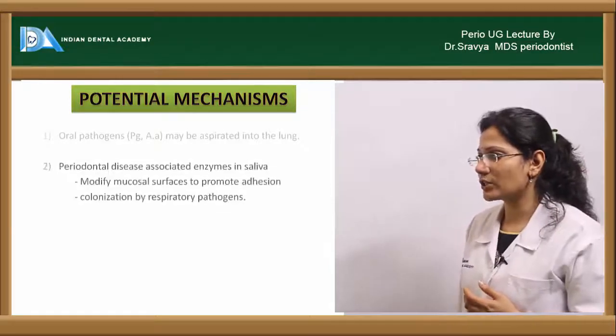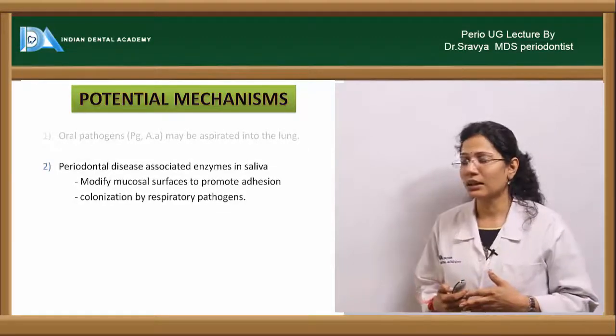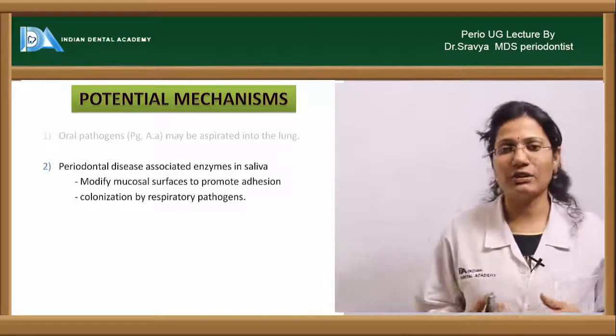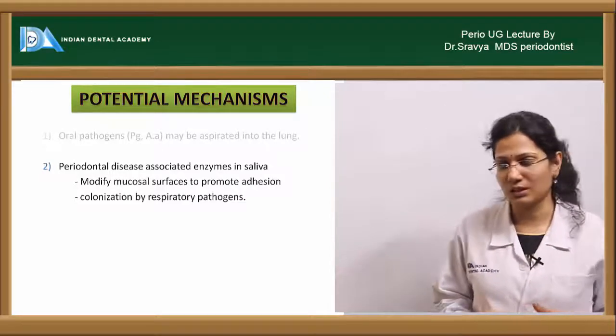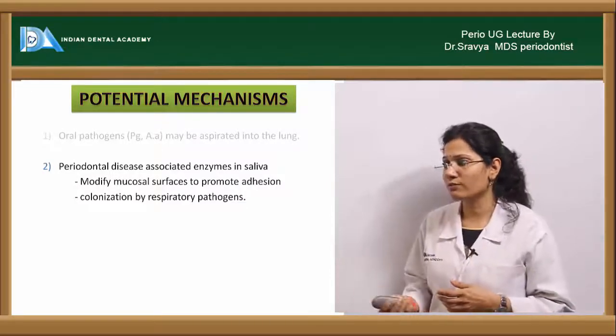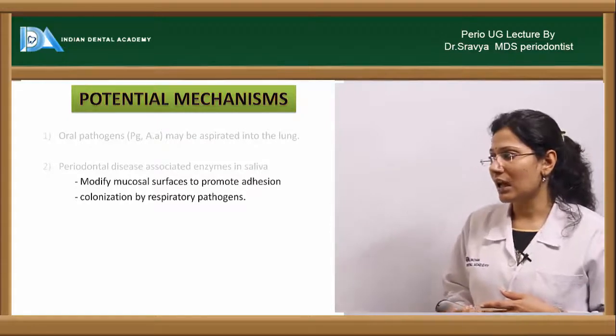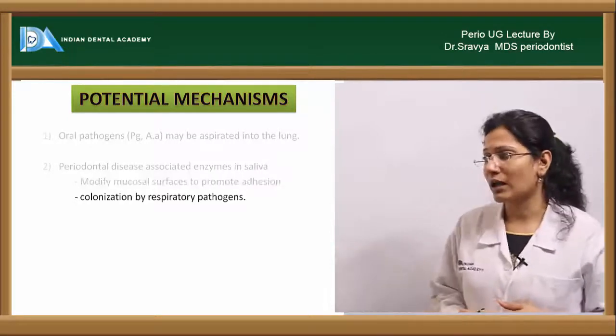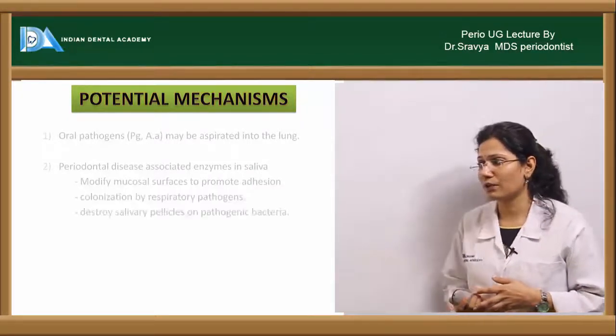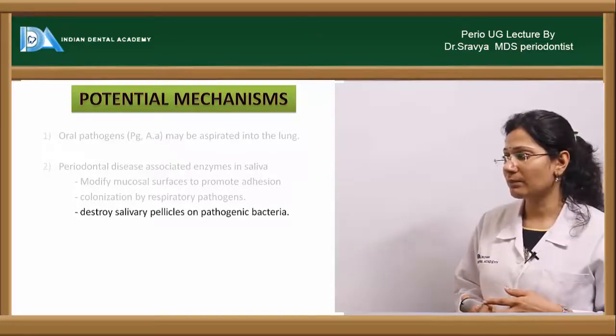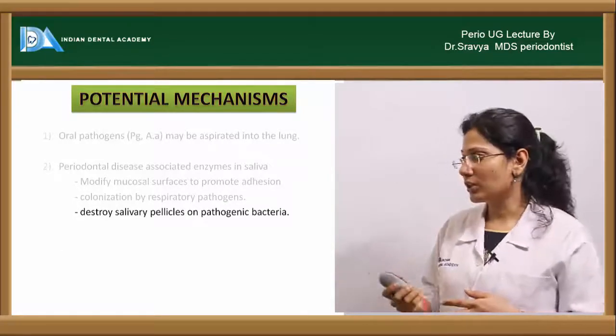Once they are aspirated into the lungs, the periodontal diseases have the capacity to produce certain enzymes within the saliva, as a result of which this modifies the mucosal surfaces to promote adhesion, and they also help in colonization by the respiratory pathogens, and they destroy the salivary pellicles on the pathogenic bacteria.